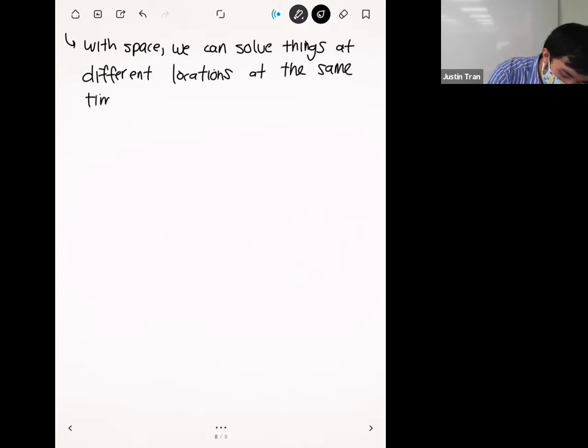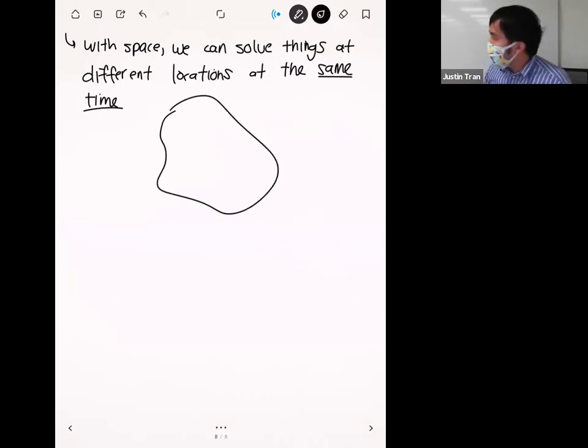Because the thing with space is that even though, let's say the deformation of a structure at one location is going to depend a little bit on the deformation at another one, because of the way the equations are structured, we can actually solve these at the same time, and that's totally fine. So let's say that we have an arbitrary potato here. We can solve for the deformation at this location and this location at the same time, because of how space behaves and because of how the equations are formulated.